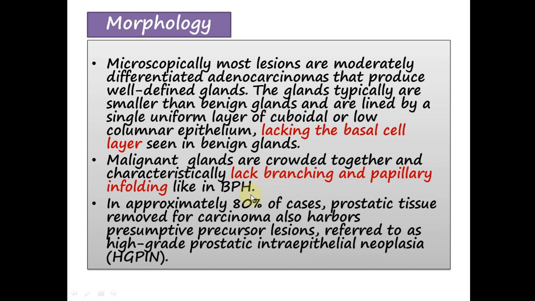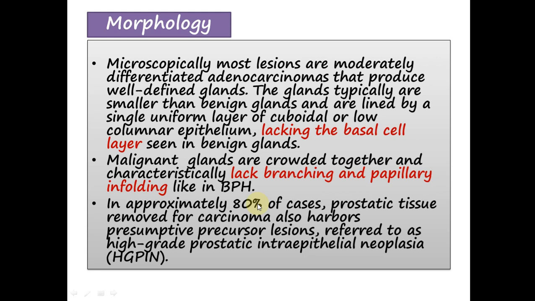It is also said that in most cases, 80% of cases in which we suspect carcinoma of the prostate and we remove the prostatic tissue or biopsy, we may also see a precancerous stage in the form of presumed precursor or precancerous lesions.